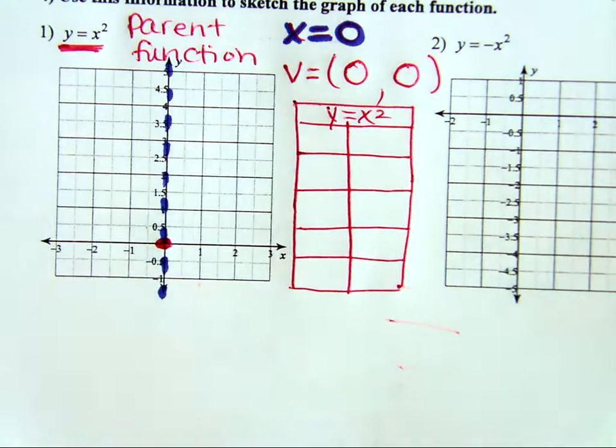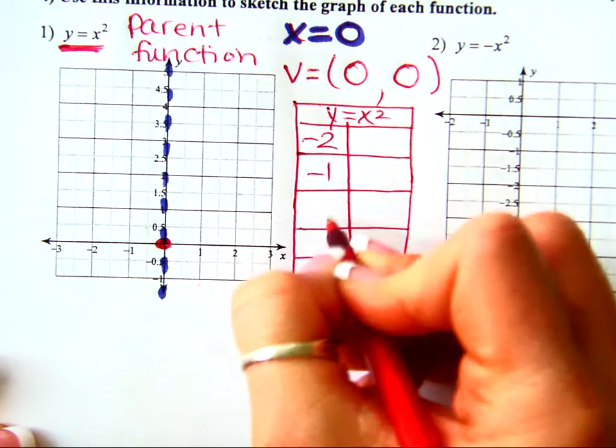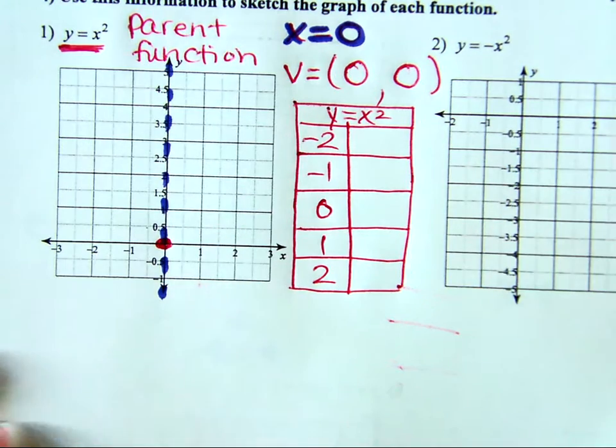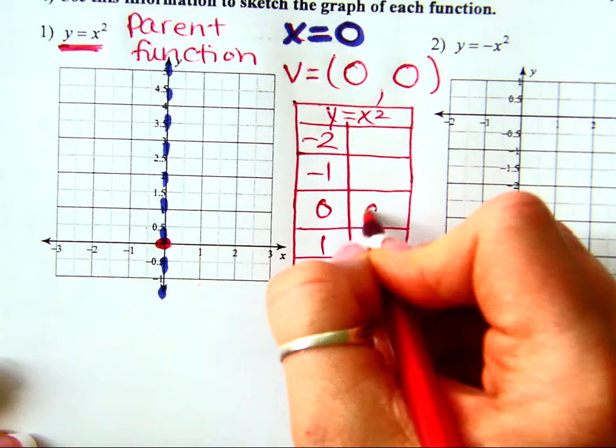If you can make a table of values, you can graph whatever function is put in front of you, right? All you have to do is choose some x values, plug them in for x, find the y values, and you've got yourself some points, right? So let's choose our 5 basic points. Those are a pretty good coverage. I already told you that the vertex is 0, 0.